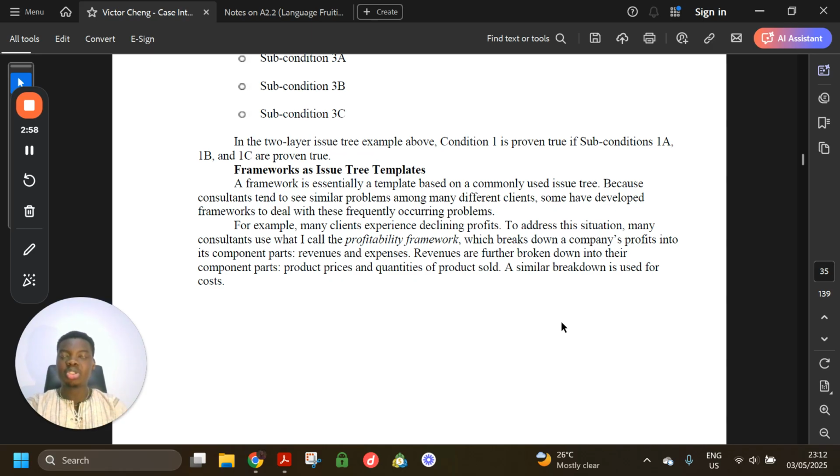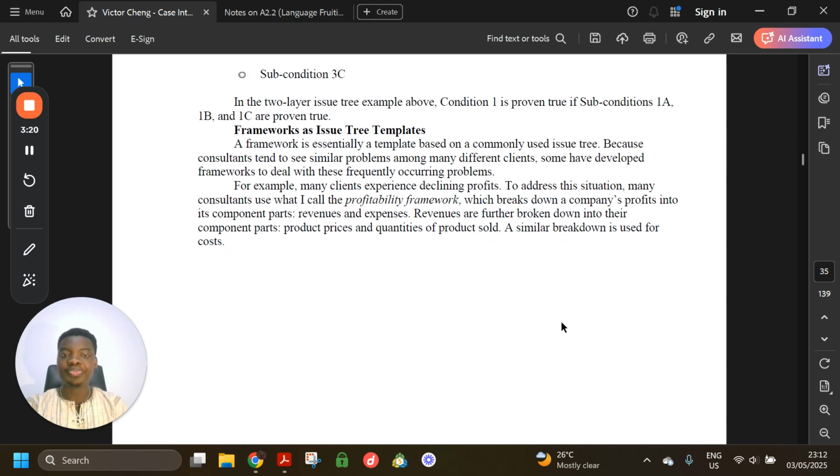Having faced such problems over and over again, they've been able to form some sort of templates that say when you face a situation, or when you have a hypothesis that deals with revenue, you can use this template to address that problem or see if this template addresses that problem. And that template is what we call a framework.